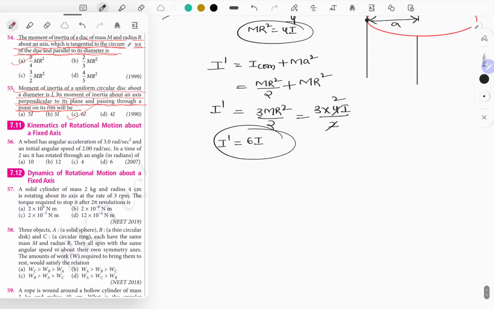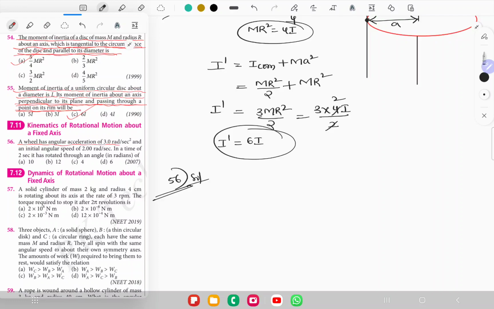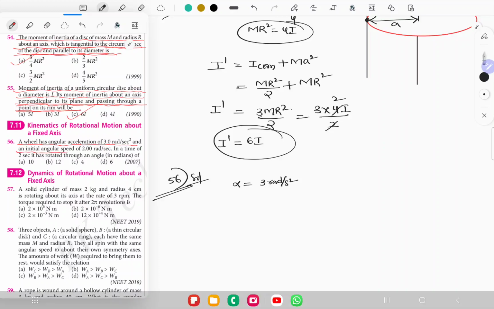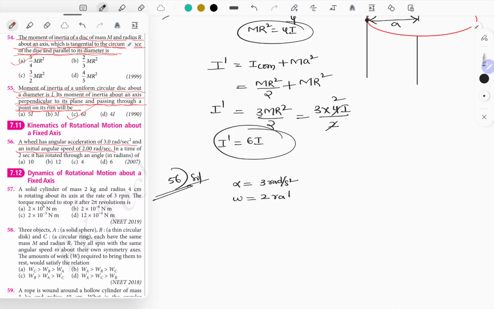concept is kinematics of rotational motion about a fixed axis. Question number 56. A wheel has angular acceleration 3 radian per second square, that means alpha is equal to 3 radian per second square, and an initial angular speed of 2 radian per second, omega is equal to 2 radian per second.